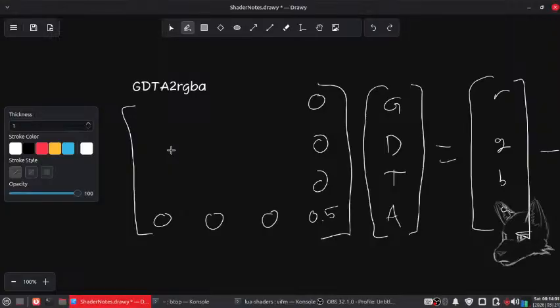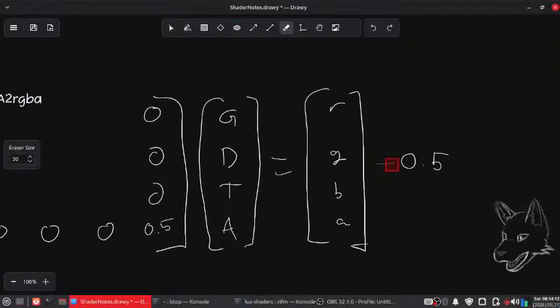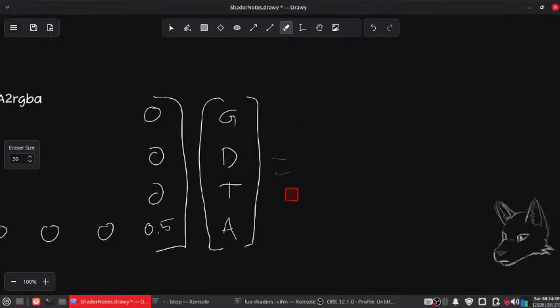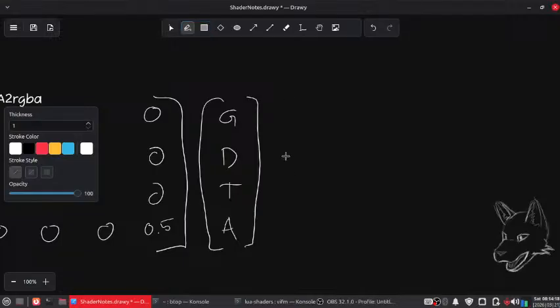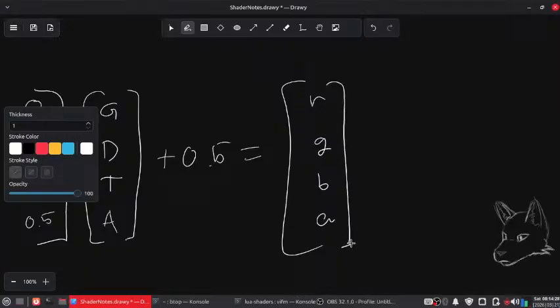Yeah, and to get the RGBA, you just add 0.5 after it, right? Instead of this here, we can just say plus 0.5 is equal to RGBA, right?